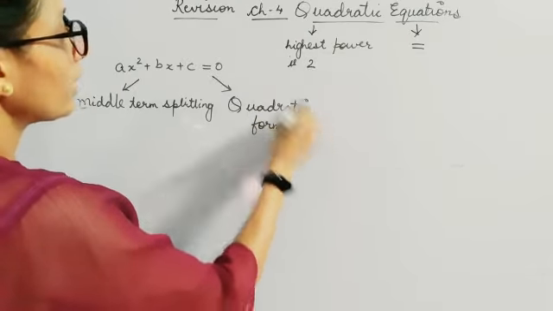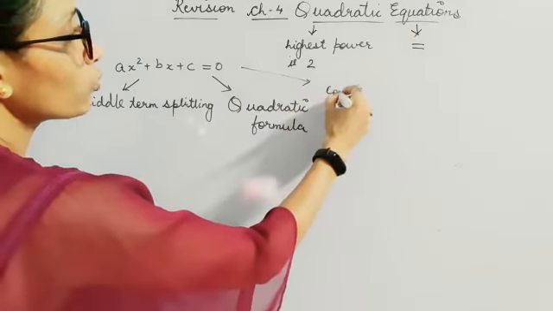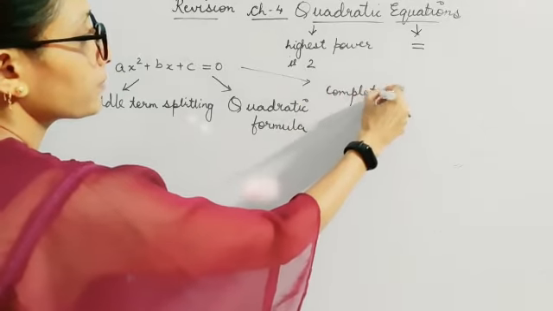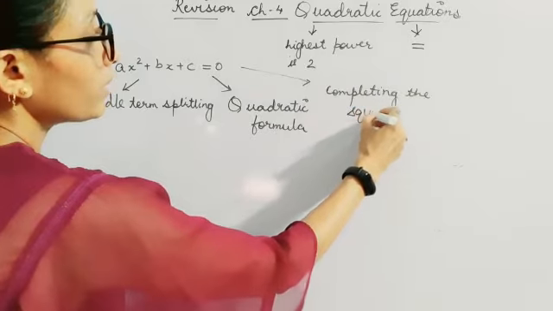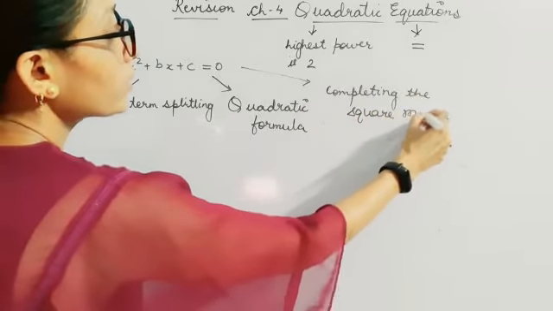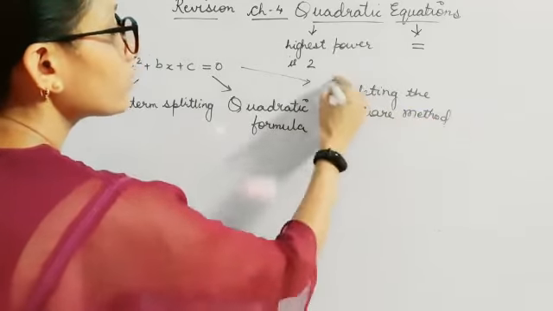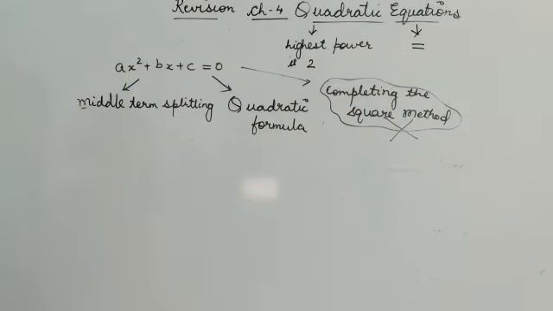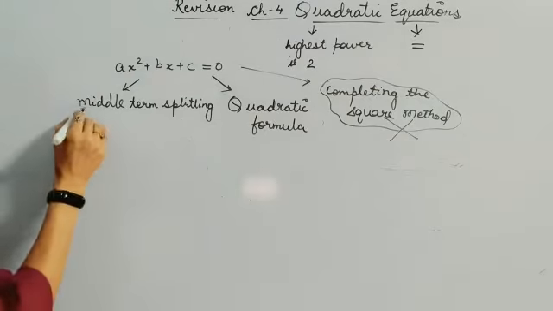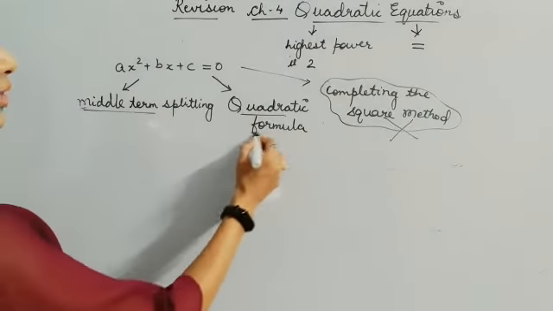And third, you have the completing the square method. Children, you don't have to read this method over here because the board has deleted this topic from your syllabus. So now you are left with middle term splitting and the quadratic formula.